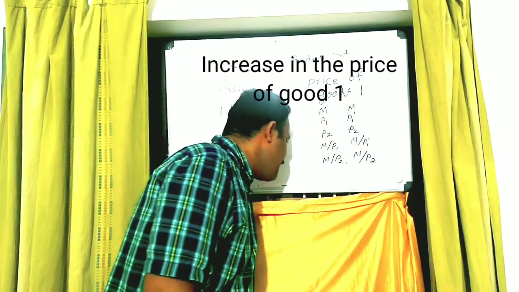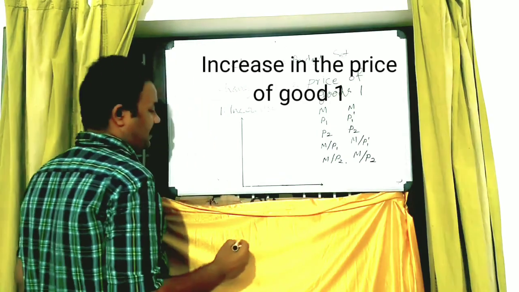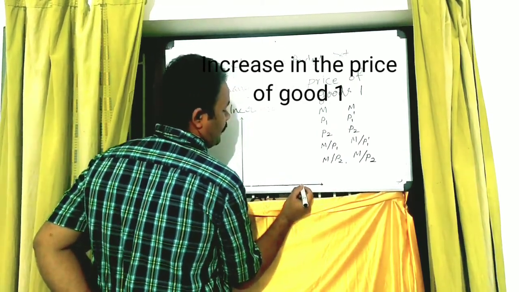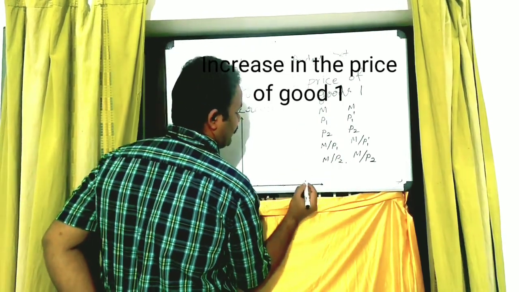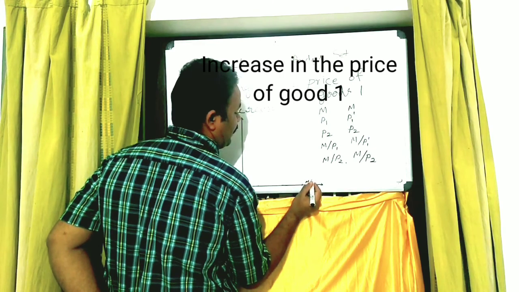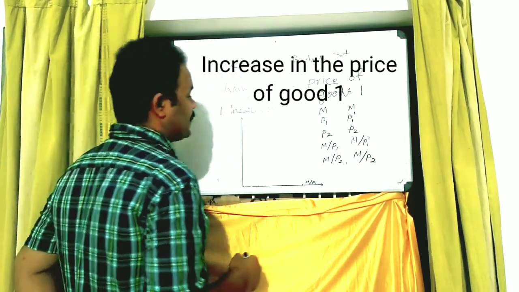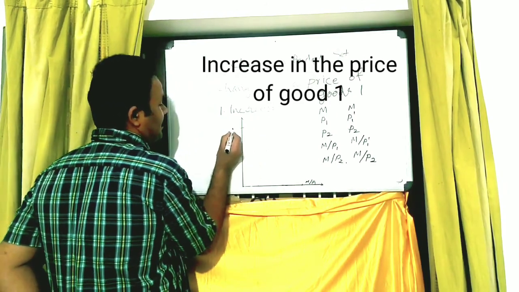Then we can draw the budget line here. First the initial horizontal intercept, that is M by P1. Vertical intercept, that is M by P2.